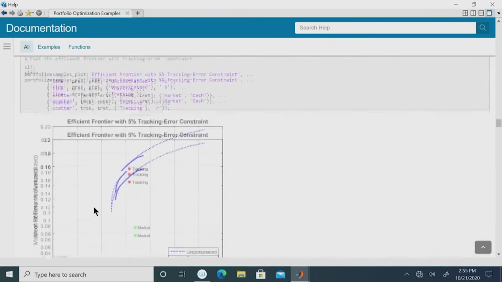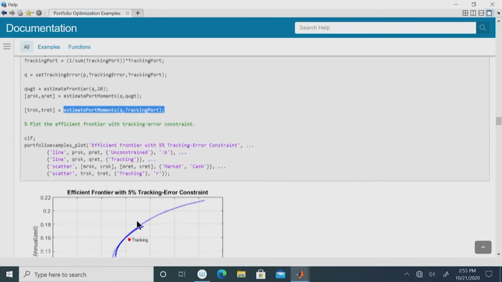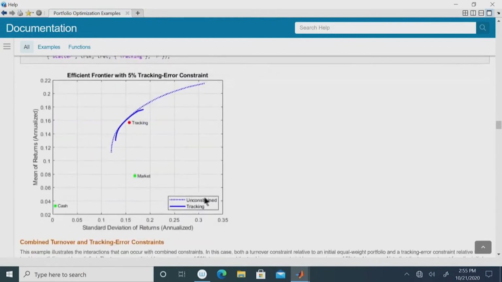In the first one, the dotted line is nothing but the unconstrained efficient frontier as before, with no constraints imposed, and the red one is the tracking portfolio. This point represents the expected return and risk of the tracking portfolio, which comprises those 9 assets that have been identified, with an equal amount of weight assigned to each of them.